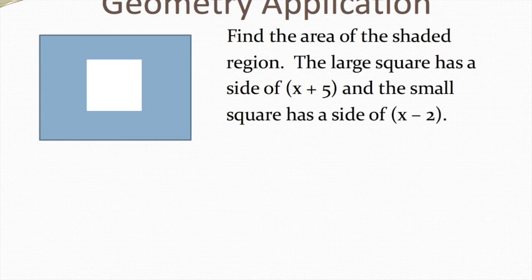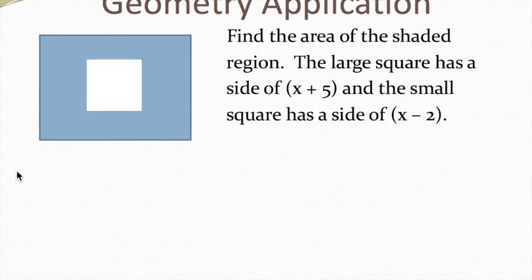The large square has a side of x plus 5, and the small square has a side of x minus 2. So first we need to find the area of our large square.